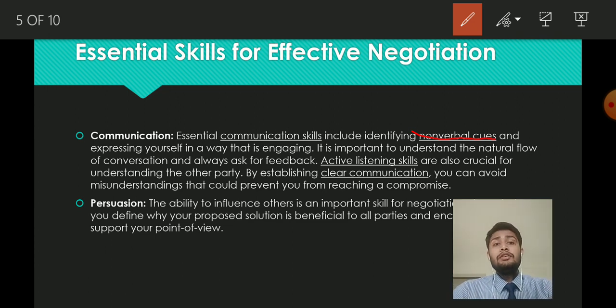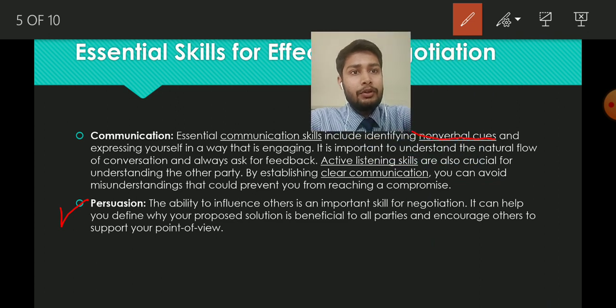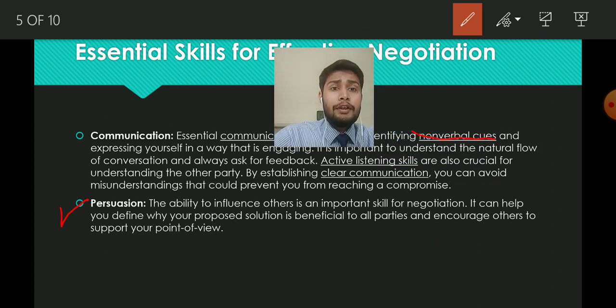Now the other skill which is required is persuasion. We know it as the art of persuading. So the next thing is persuasion, the ability to influence others.